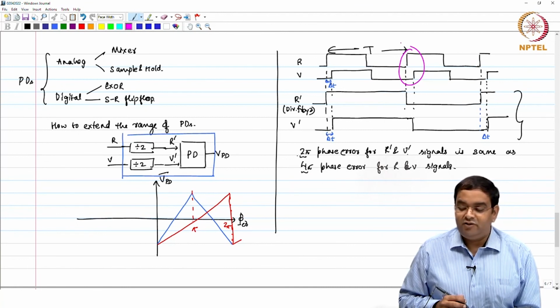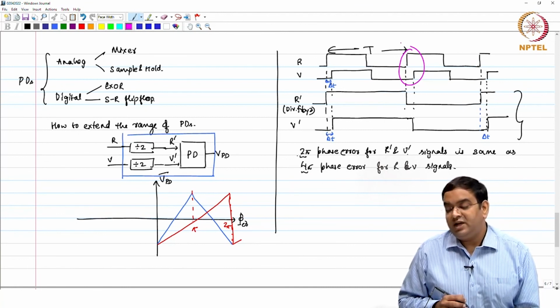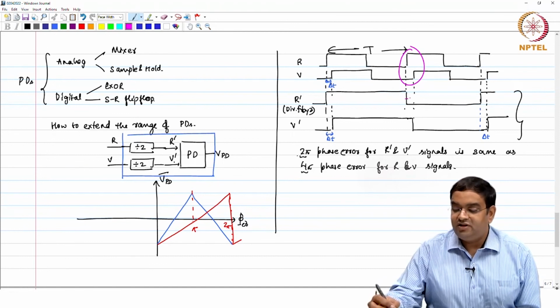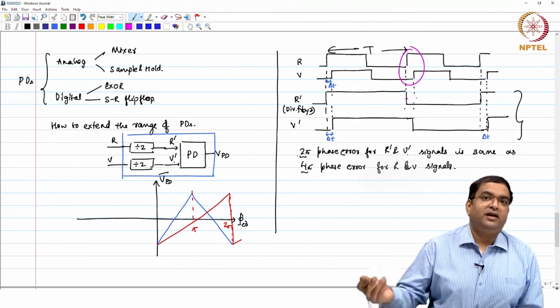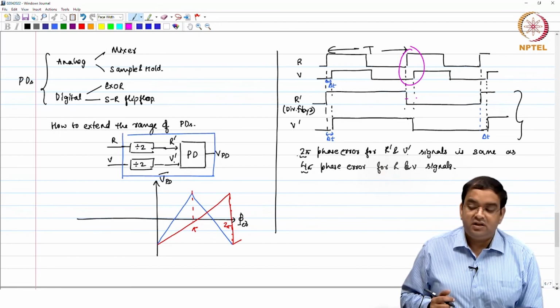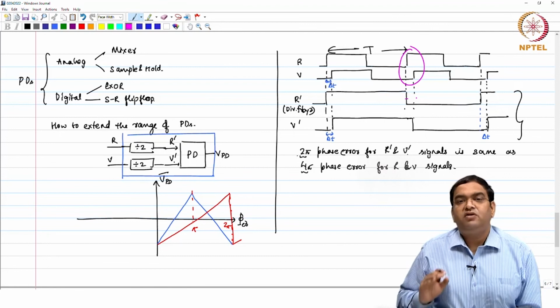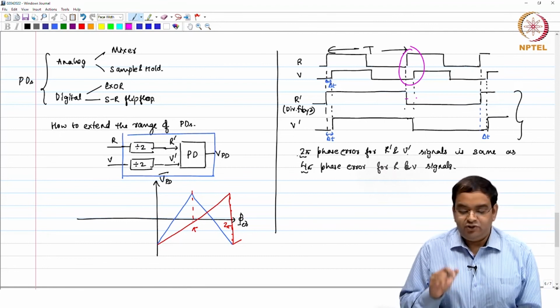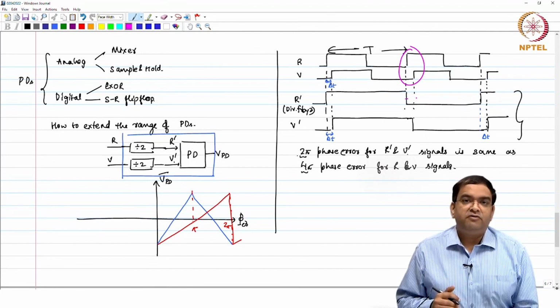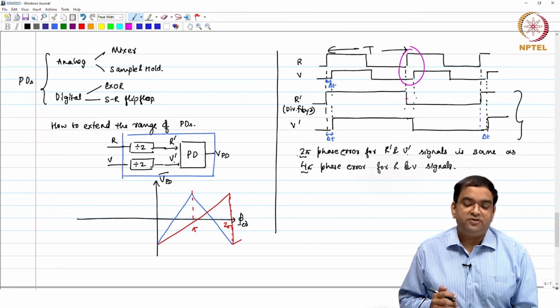In case of your XOR based PD, it is going to change the duty cycle, and the duty cycle will then affect the phase error. But your rate of measurement of the phase error reduces as you try to extend the range of the phase error detector in this case. Okay. Thank you.